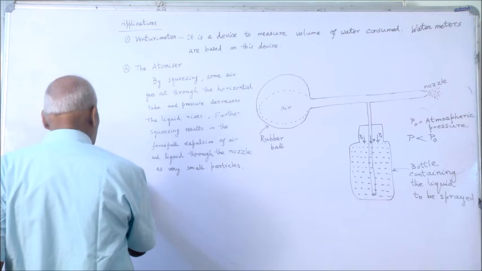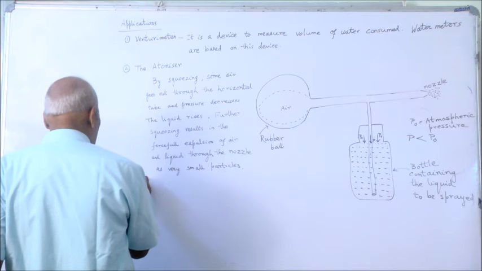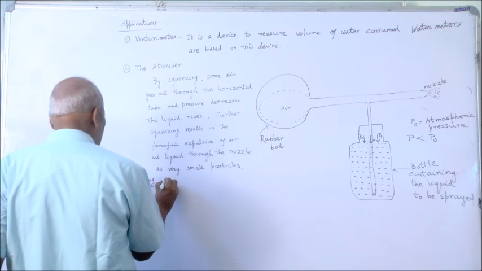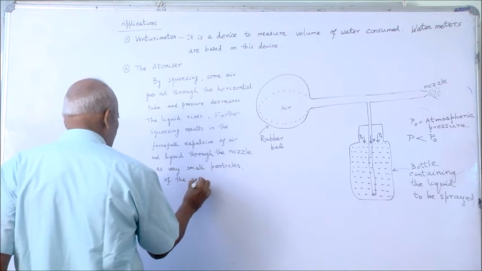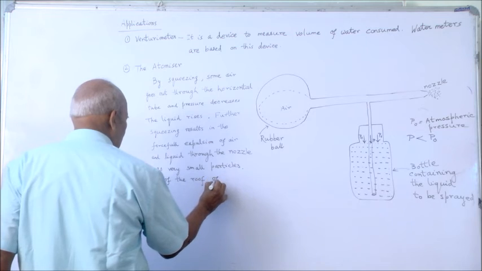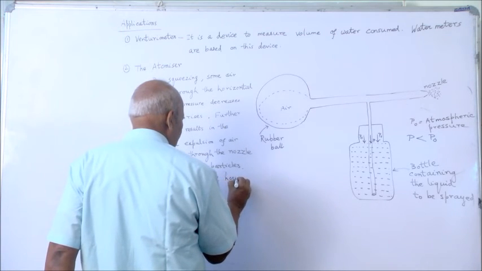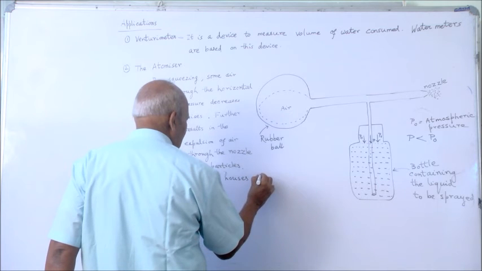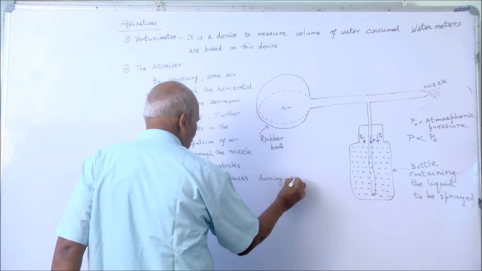Then the third is blowing of the roof of houses during cyclone.